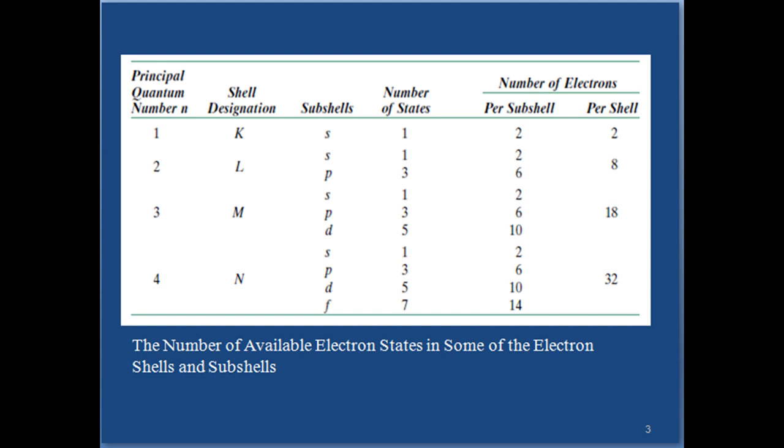In the absence of an external magnetic field, the states within each subshell are identical. However, when a magnetic field is applied, these subshell states split, with each state assuming a slightly different energy.